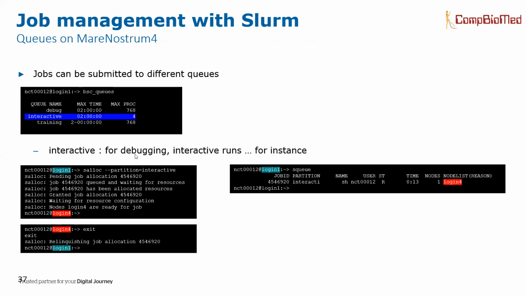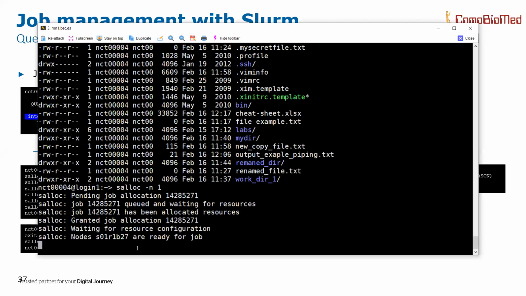Here, for example, I prepared the output for you. What you see here is that when you do the request of allocation, it is working. It requested resources, they have been allocated, we have been given a job ID, and the resource has been configured.